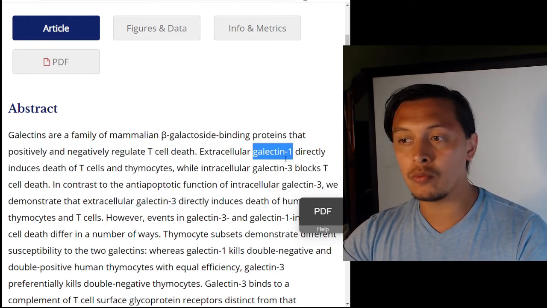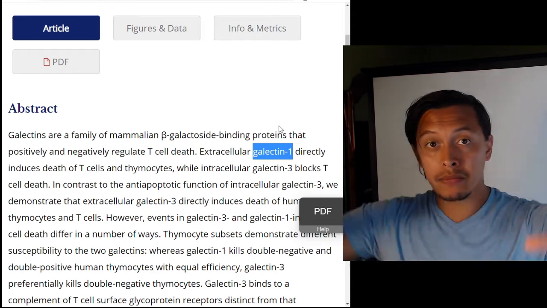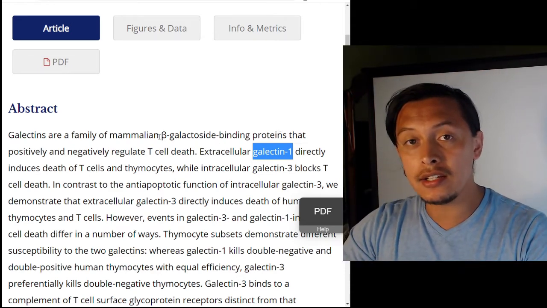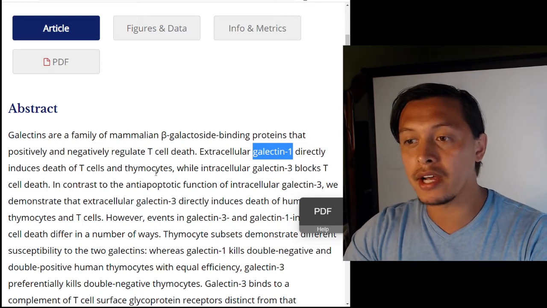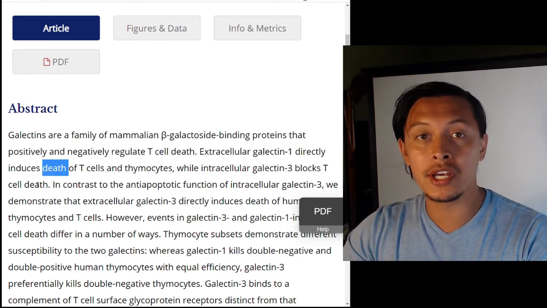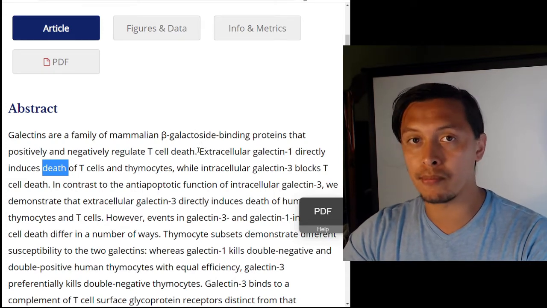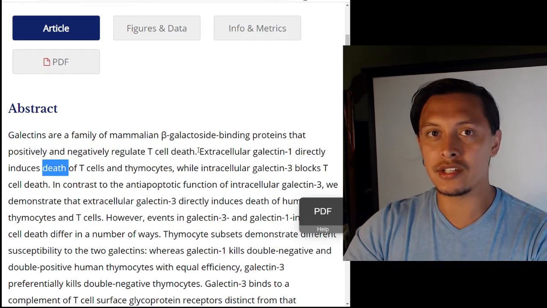So galectin-1, from the outside of the cell, can bind to the T cells and thymocytes and cause them to kill themselves. So this would be a way to control or suppress your T cell populations.